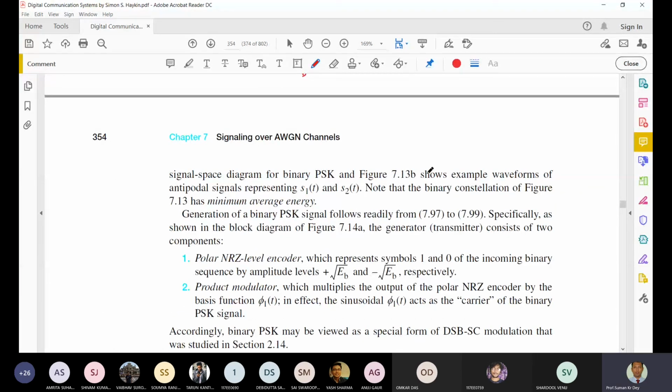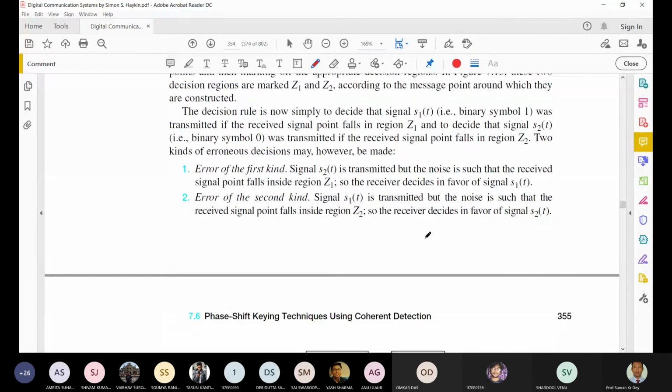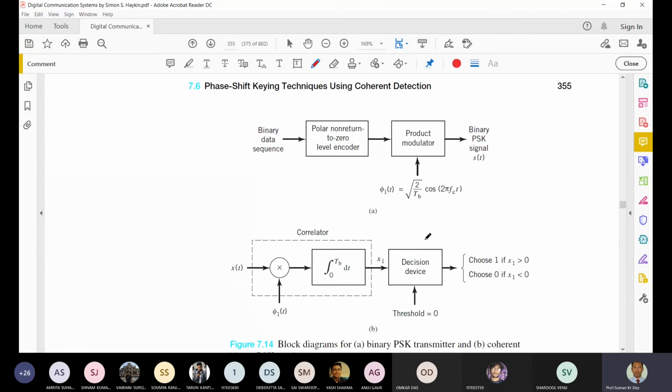So now, basically there are two things. We need to transmit the BPSK signal and use the coherent receiver.